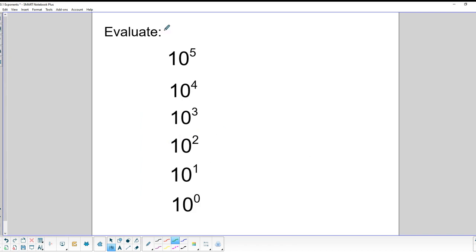Okay, so let's evaluate this one. So this would be 1 followed by 5 zeros. And usually you'd have a comma right there, so that would be 100,000. What about 10 to the fourth?